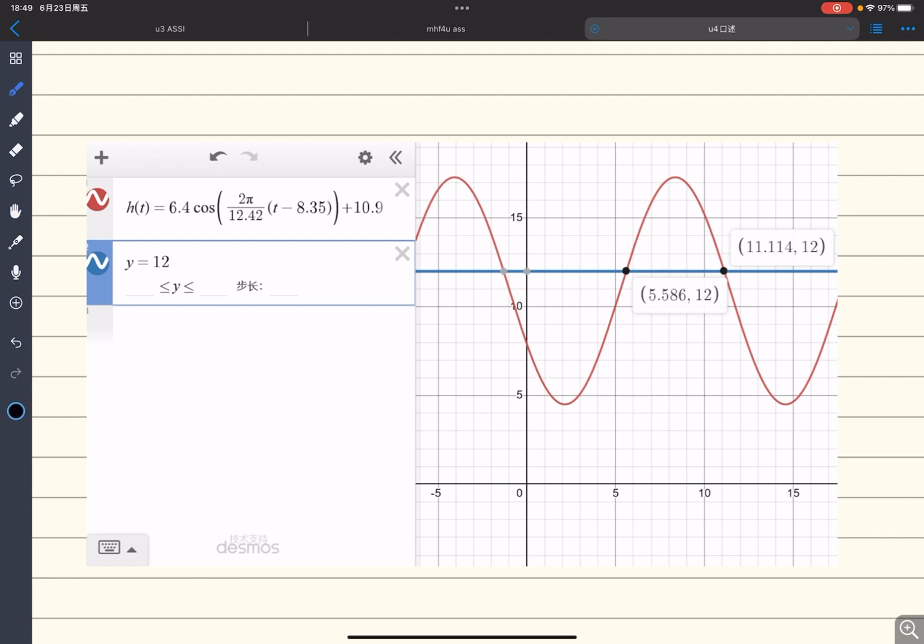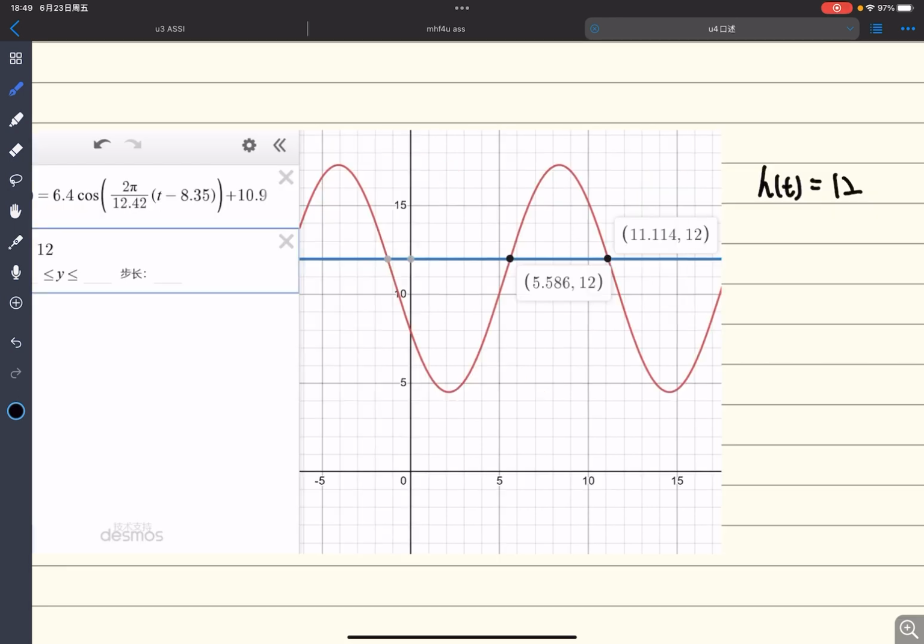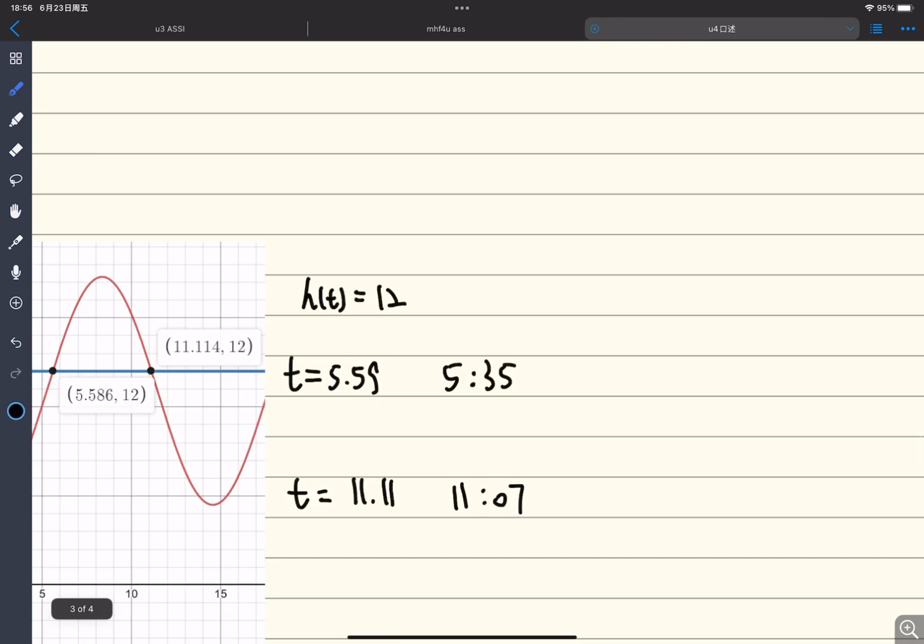Solving the equation h(t) equals 12, we can get t equals 5.59 and 11.11. These solutions represent the times when the tide reaches a height of 12 meters. So the final solution is the boat can dock at approximately 5:35 and must leave at 11:07.